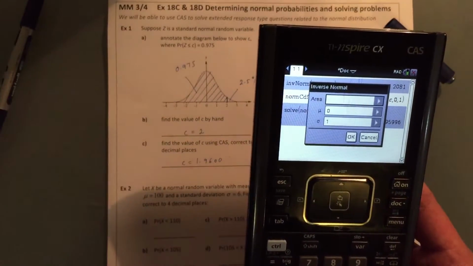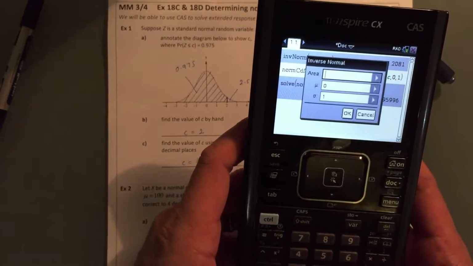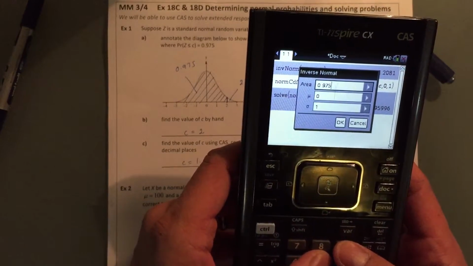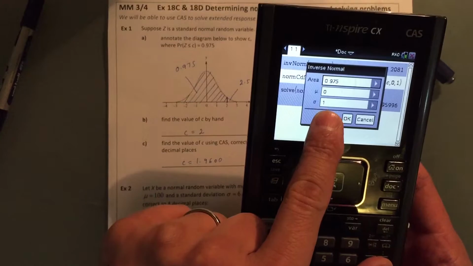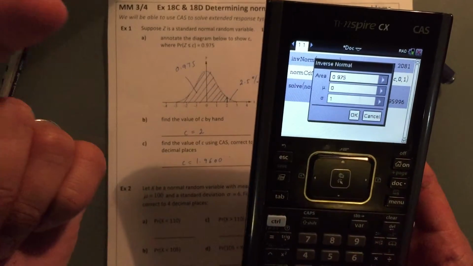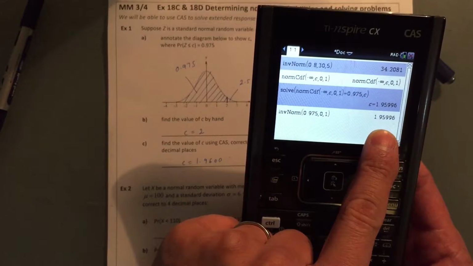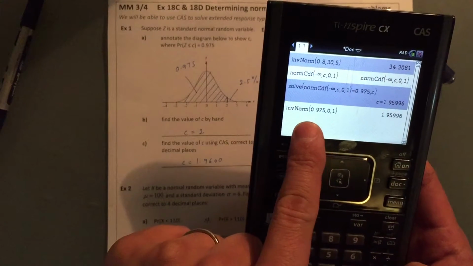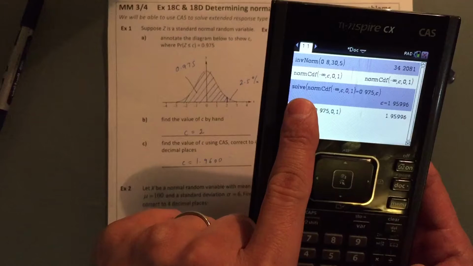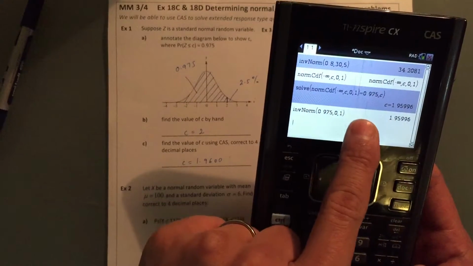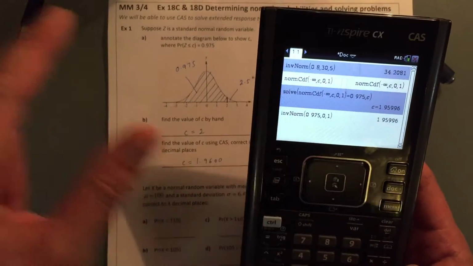And for inverse normal, I can just say that the area I want is 0.975. Standard normal, so mean is 0, standard deviation is 1. Get the same answer. So basically, this inverse norm is just taking care of this whole solve norm CDF nesting, and it's a lot quicker.